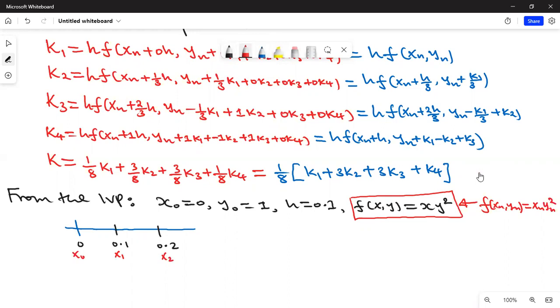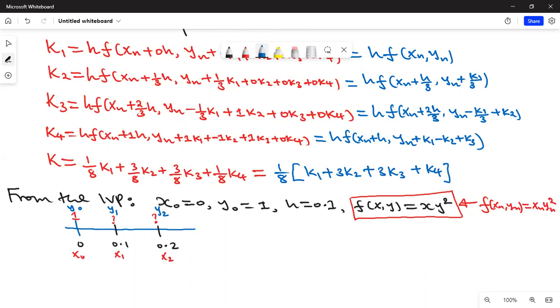What are the corresponding y values? Here, when x is 0, y is 1. What about the value here? I don't know. Neither do I know this. So this is y naught, this is y1, and this is y2. Our task is to find y1 and y2.